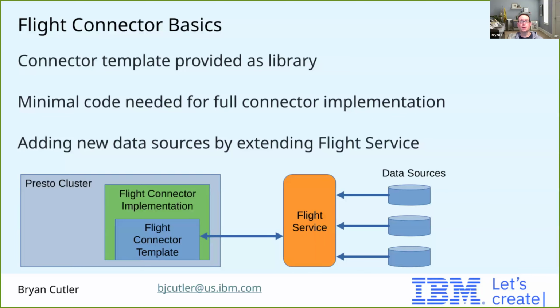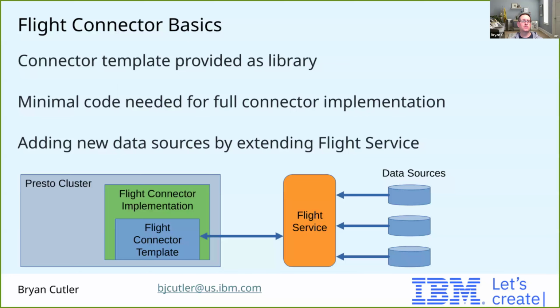The template library that's provided is not bound to any specific flight service. That part is left open, and that's the portion that you'll need to implement. So all the hard part has been done already. The flight client is provided within the connector, and data conversion.